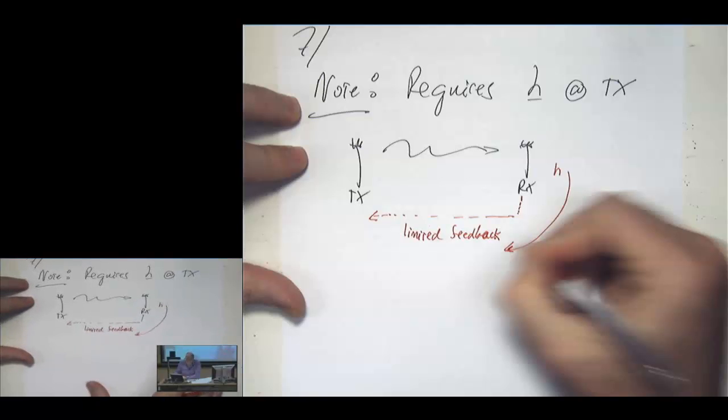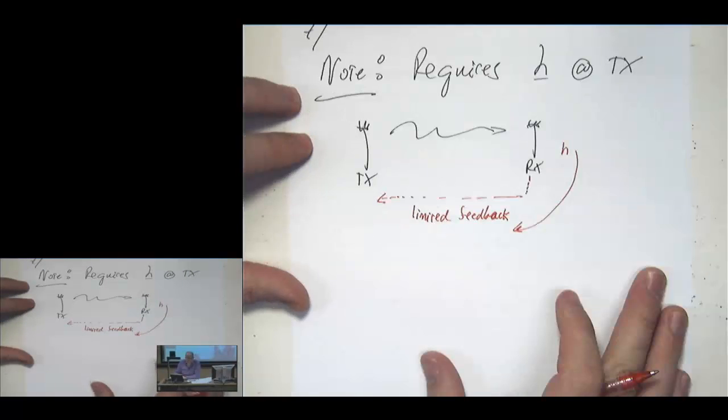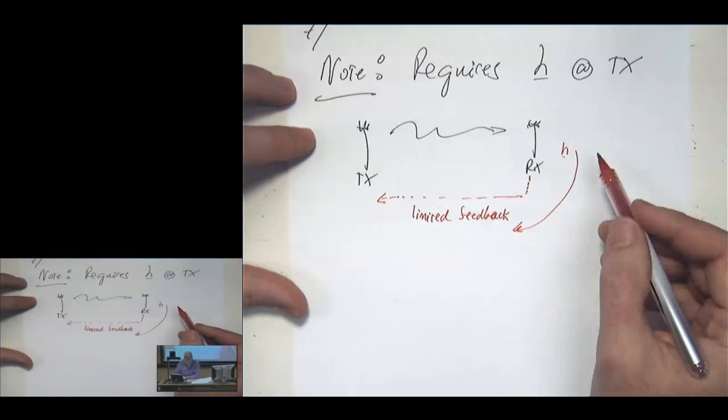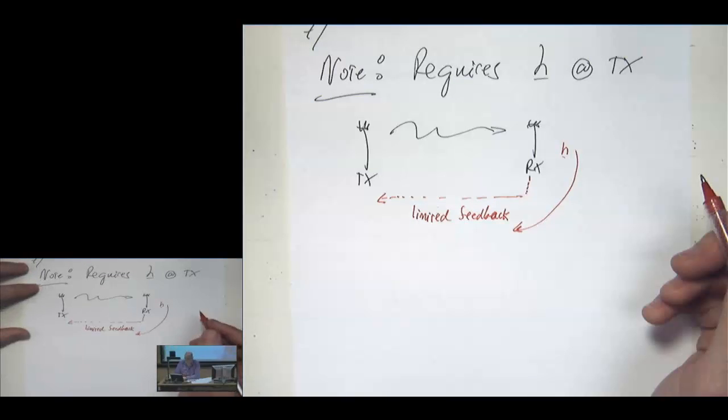Why it's called limited feedback is that you have only a little bit of rate allocated for sending this feedback. You can't estimate your channel and then quantize it into 1,000 bits and send those 1,000 bits back. That would be too much here.